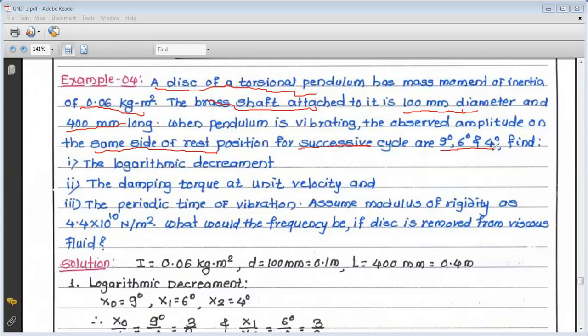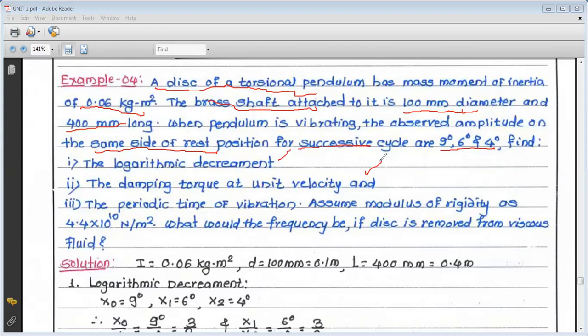Now we have to find out the value of logarithmic decrement. Then the damping torque per unit velocity, which is called the damping coefficient in torsional vibration, that is CT. Damping coefficient in linear vibration is nothing but the damping force per unit velocity.